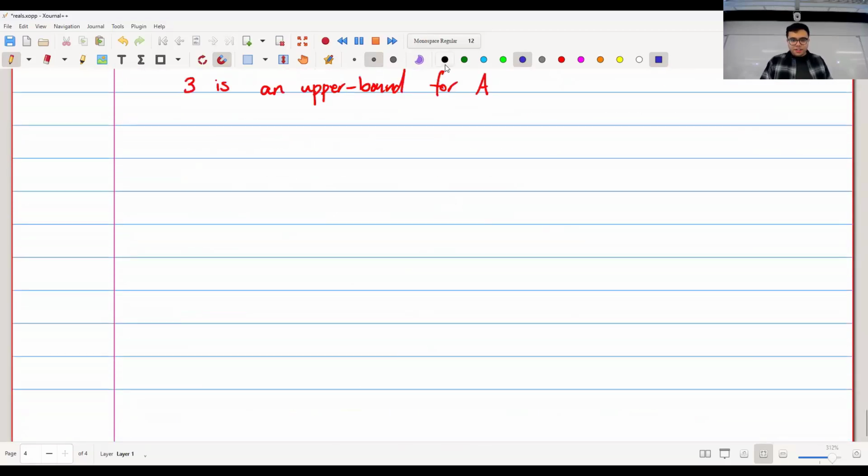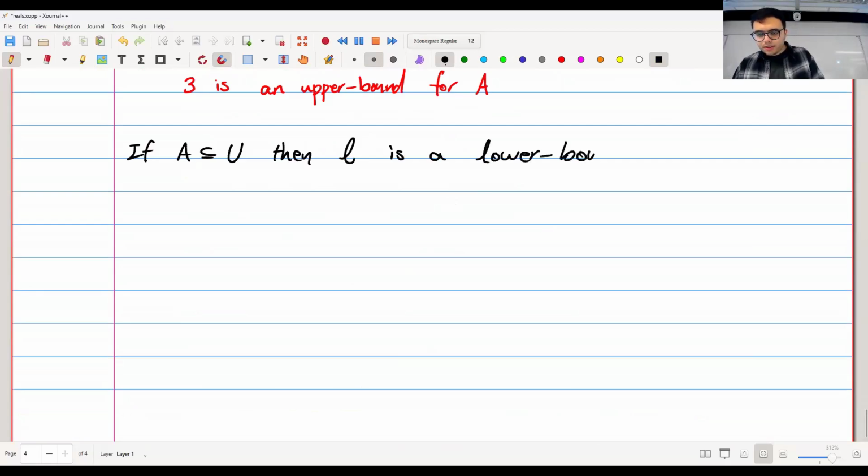So I can say something like this. I can say if A is a subset of U, remember my U is like an ordered universe, then L is a lower bound for A if for every element a of A, L is less than or equal to a.